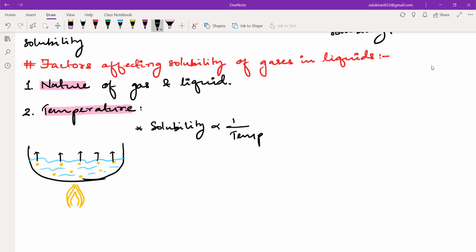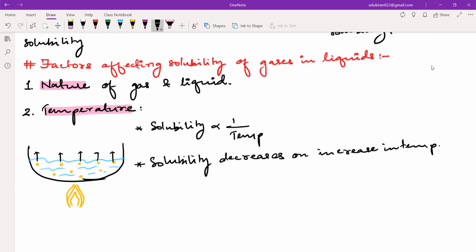That means solubility decreases on increase in temperature.